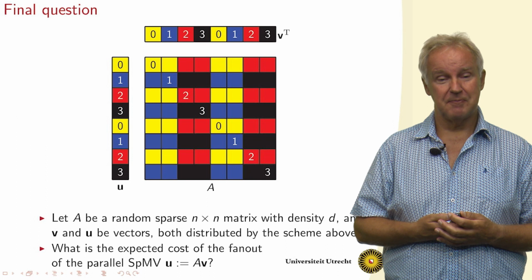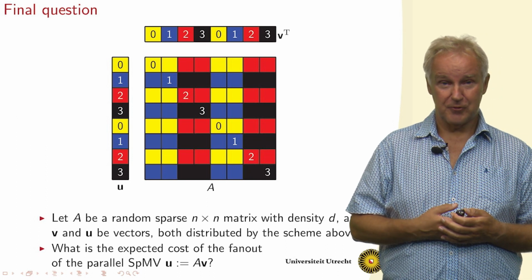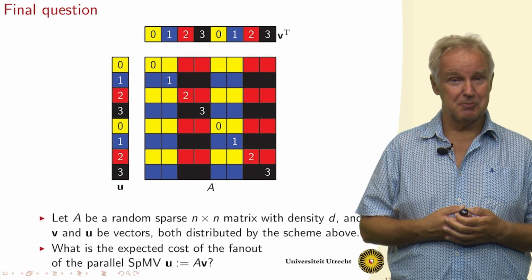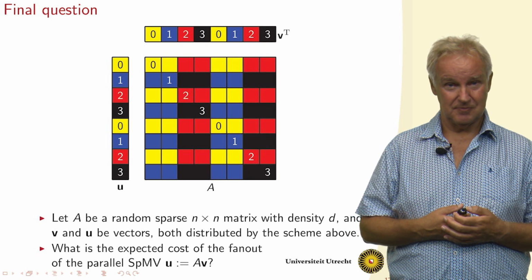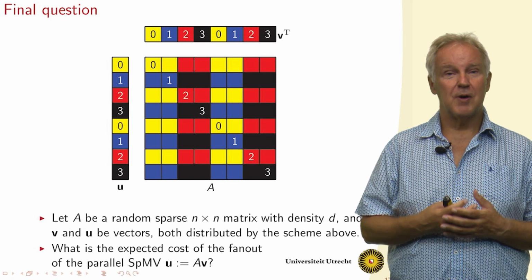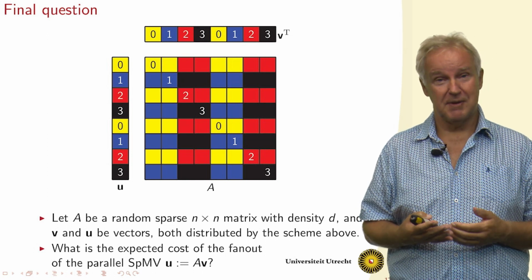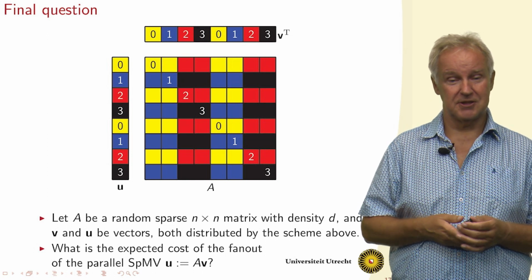That's the system. And then I would like to know, for the first, the communication superstep, the fan-out of this parallel sparse matrix vector multiplication, what is the expected cost? You will need a little bit of elementary probability theory to answer this question.